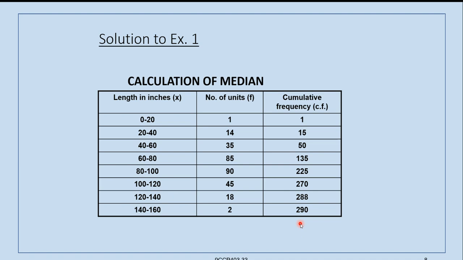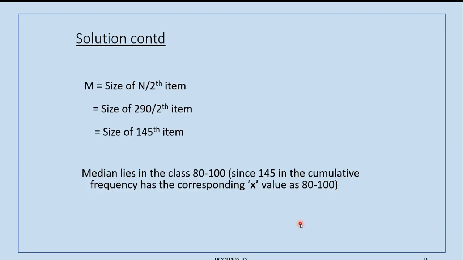With the help of these values, we will substitute the values and solve the problem. As I said, n by 2 is the 145th item. That means it is falling in the 80 to 100 class.